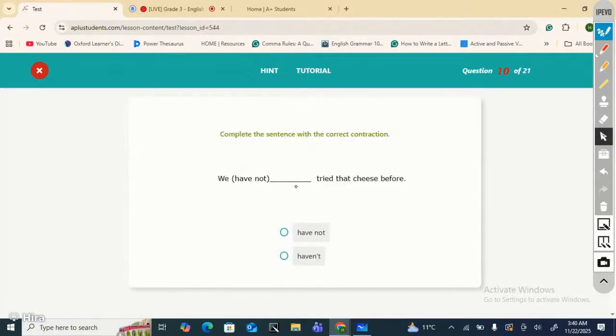We have not tried that cheese before. Now, two words are have not.